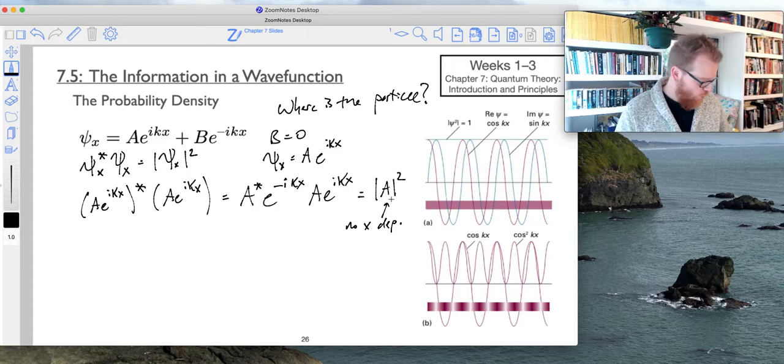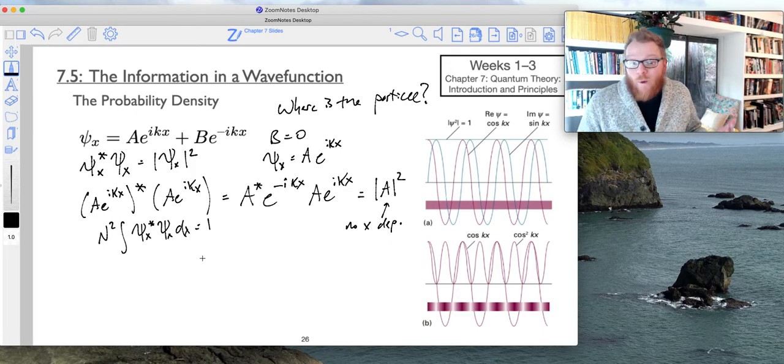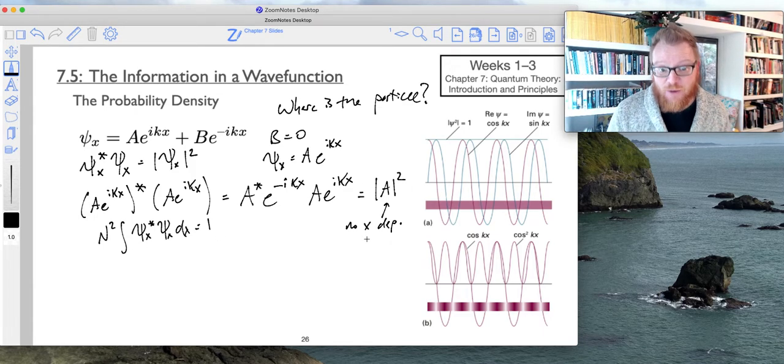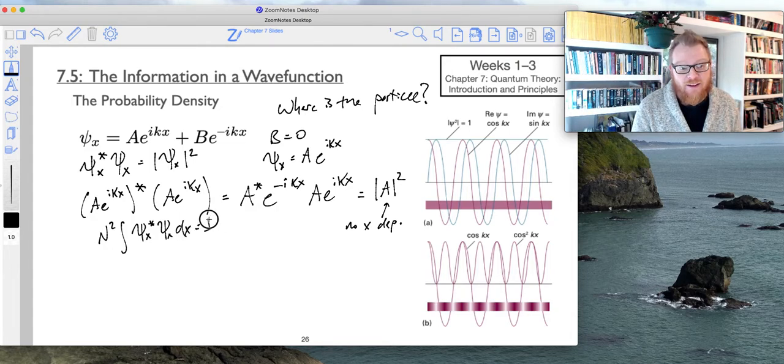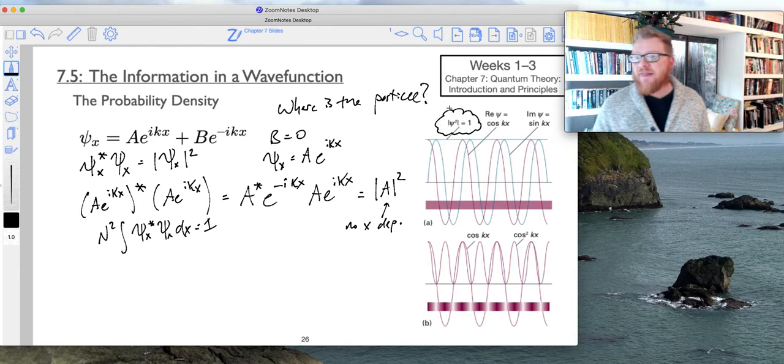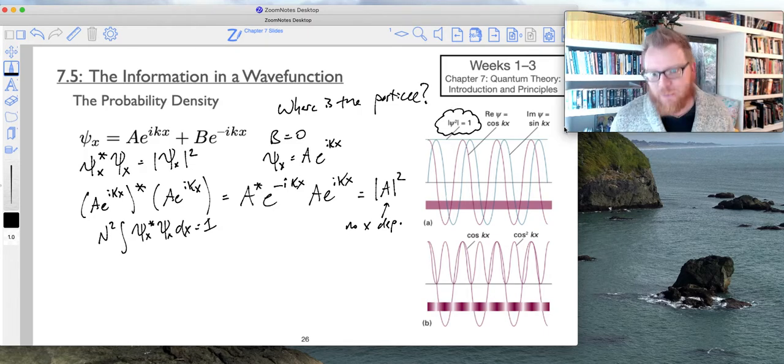So in other words, if I were to normalize this wave function, we know that with the normalized wave function, N squared integral of psi star psi dx all equals 1. Well, if my psi star psi is just equal to this A squared, and then I go to normalize it, then that whole thing is just equal to 1, as this indicates right here. And that implies the particle can be found everywhere with 100% probability.